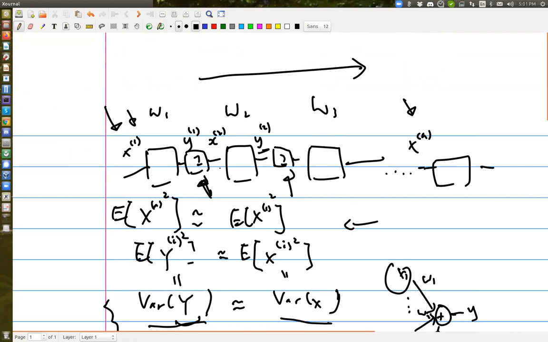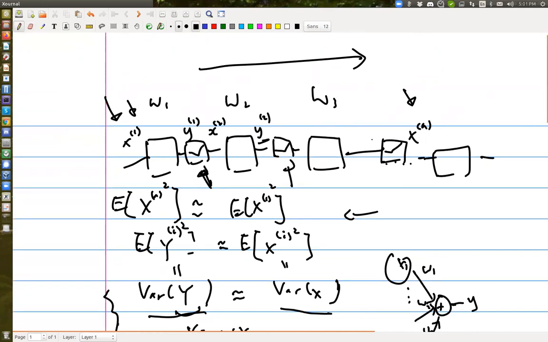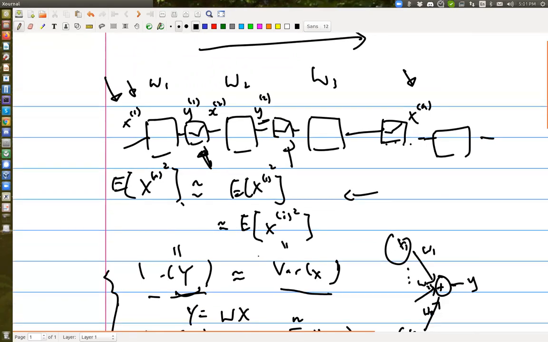Now, if I change to a more realistic situation, let's say a ReLU as the activation function, then I probably need to be very careful, because we cannot use the same initialization like this.